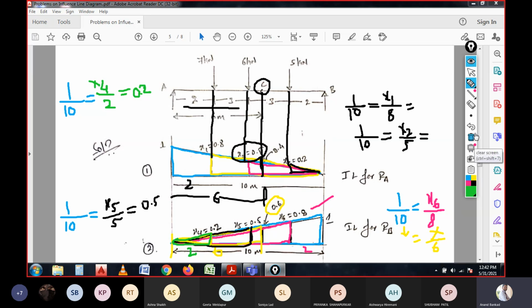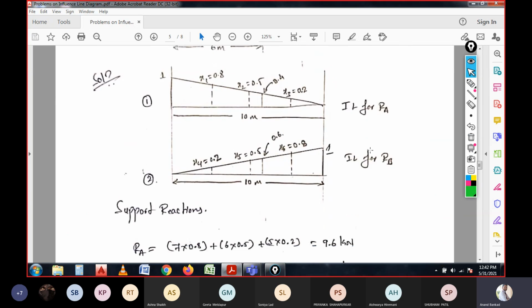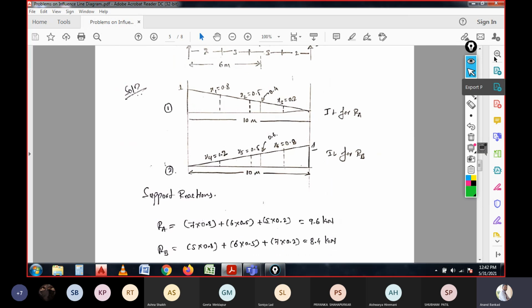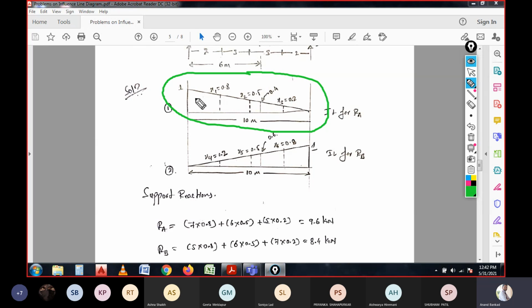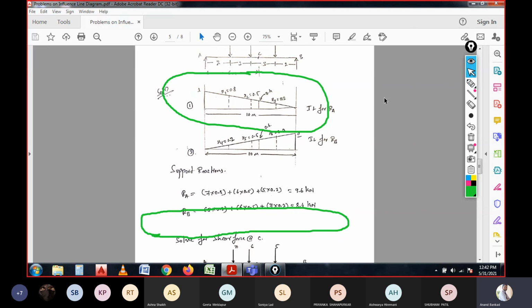With this, we'll need to write it for the reactions. So now, just observe the diagrams in circle 1, because this is the influence line for reaction at A. So the influence line for reaction at A is written like here. So how is it written?